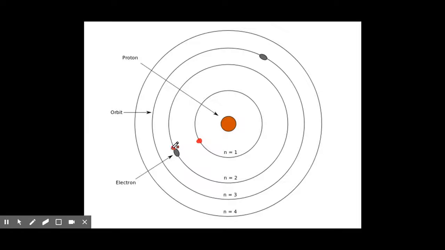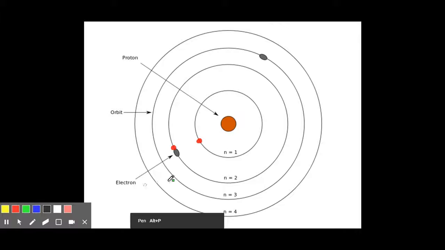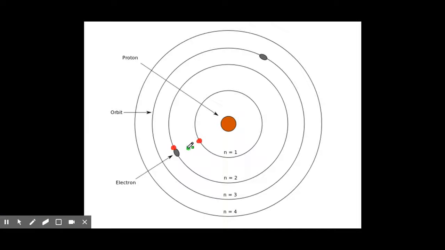The electron could jump up to the next energy level, and it could jump back and forth. But I'm going to draw what cannot happen. It cannot be in the middle. That's what I mean by quantized when it comes to chemistry. We can only have somewhere on this line right here.